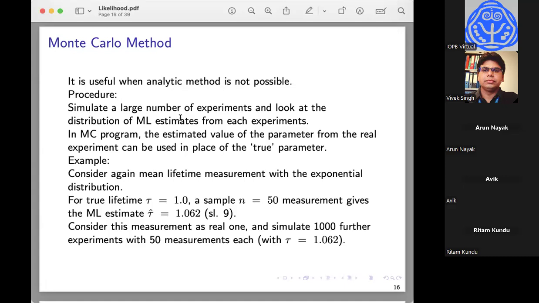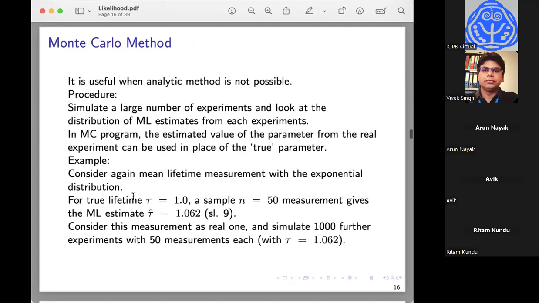So when you generate these pseudo experiments using the Monte Carlo program, we can simply use the ML estimate as our true value of the parameter to generate these pseudo data sets. From these pseudo data sets, we re-estimate the values of tau hat, and from that distribution, we get the sigma of our estimate. Okay, that's the idea. This is actually an exercise that can be done. You can do it.